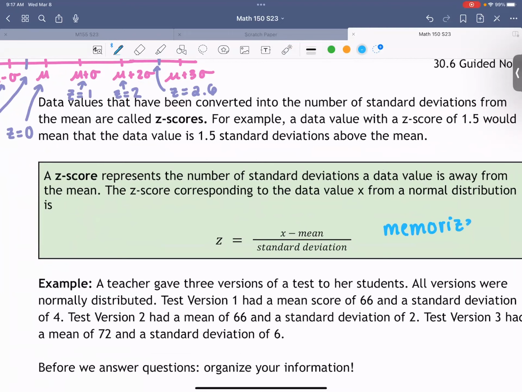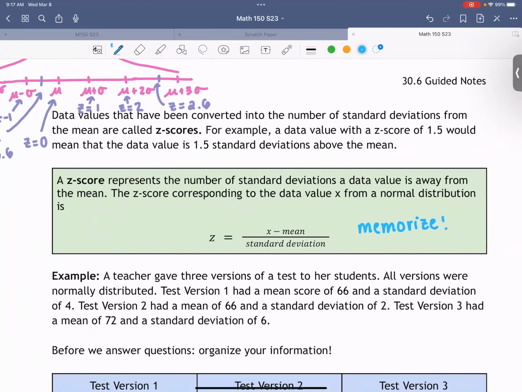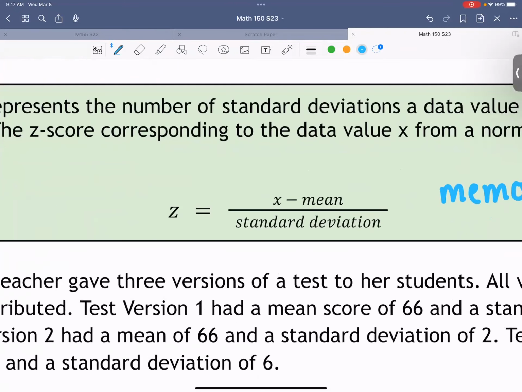So whenever I talk about a z-score, I really mean a formula which takes a specific data value. And the way to get the score is you're just going to subtract off the mean and divide by the standard deviation. And this will tell you how many standard deviations you are away from the mean.